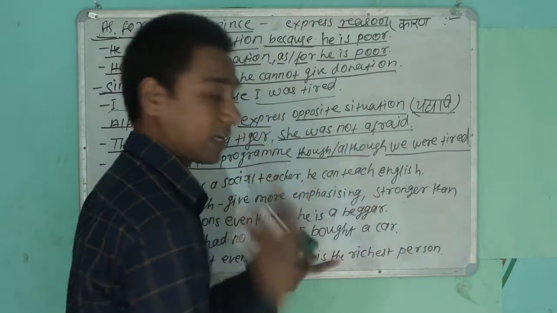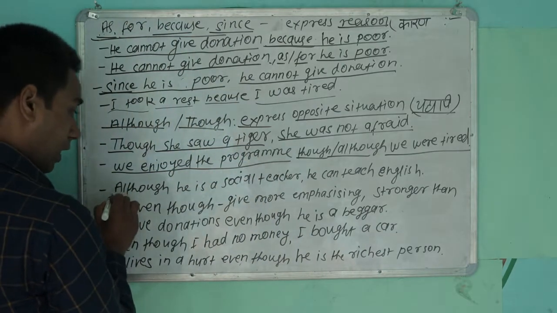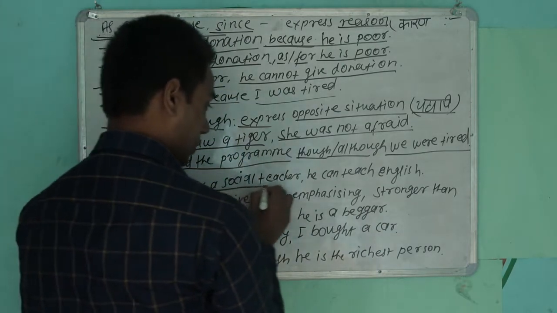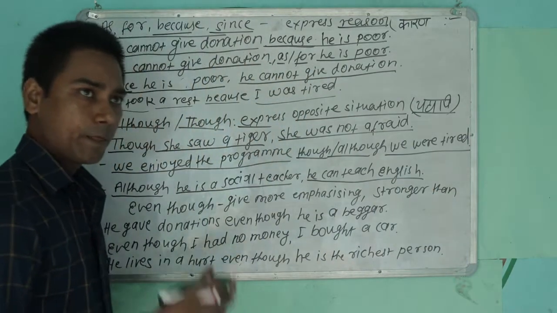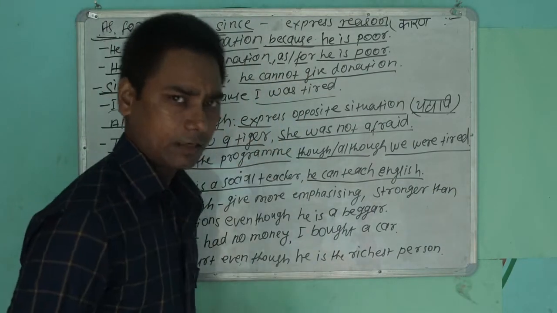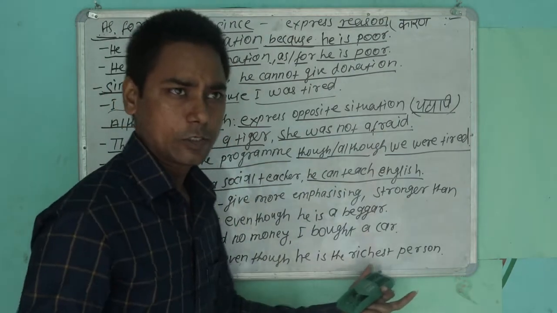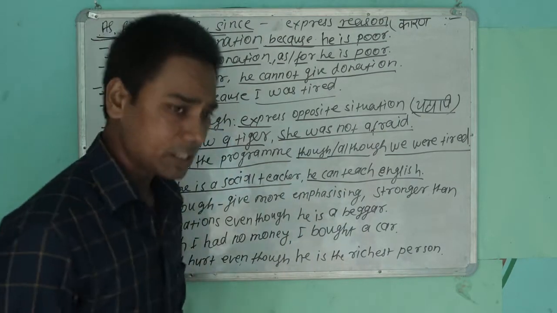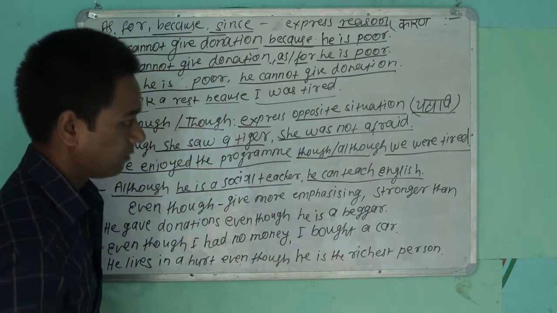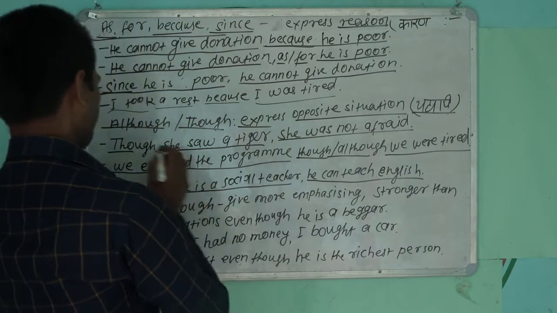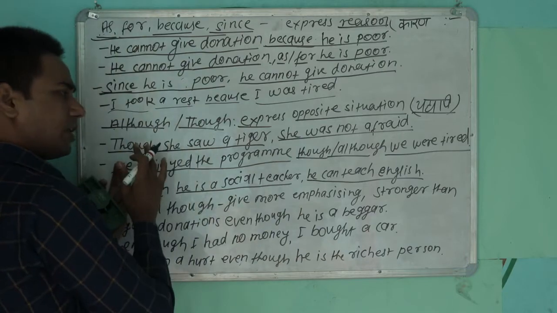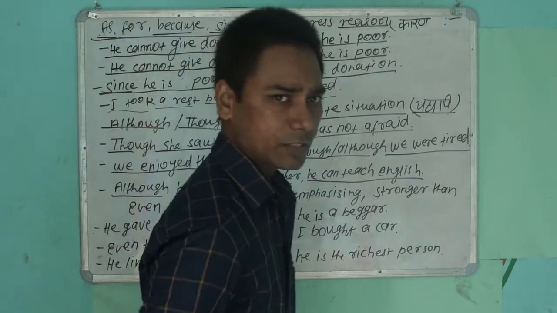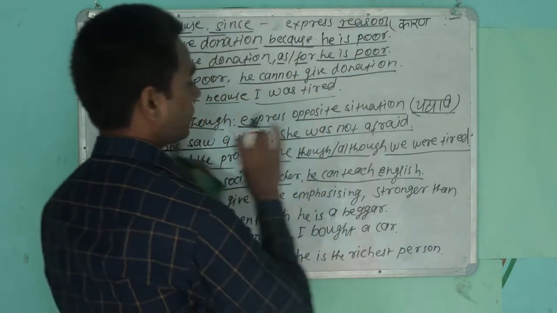So here also contrasting situation. Although he is a social teacher, he can teach English. Look here also, he is a social teacher, but he can teach English. So here also contrasting situation. And let me tell you one thing, my dear students. It means although, though can be used at the beginning of the sentence also, in the middle of the sentence also, they have same meaning.